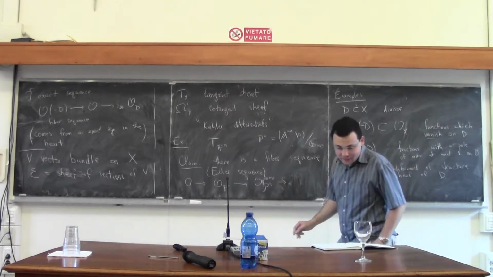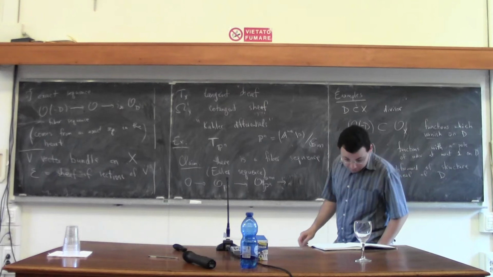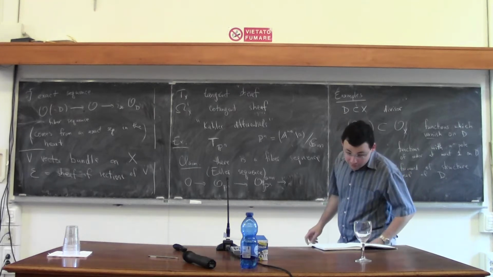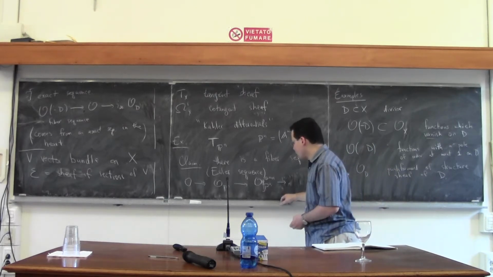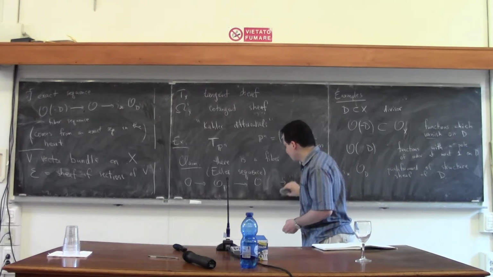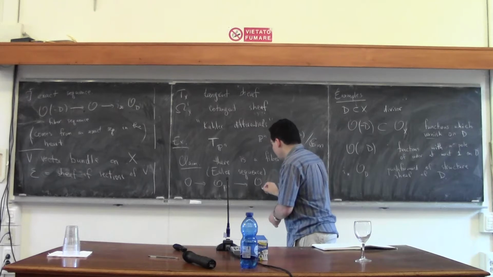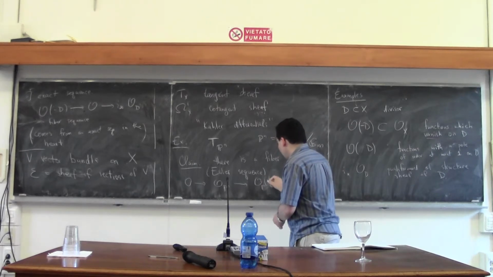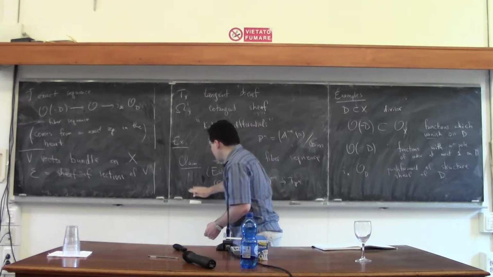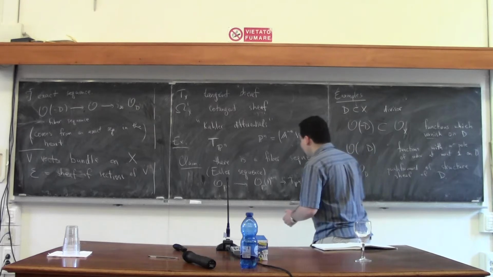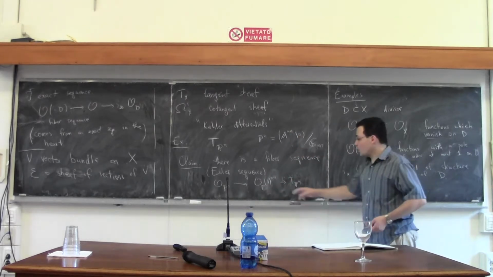I'll return to this in a moment. I apologize. Looks like I forgot to define something. Then O(1) to the n plus 1, and then T_n. Well, that's not so useful. Let me explain what O(1) is.